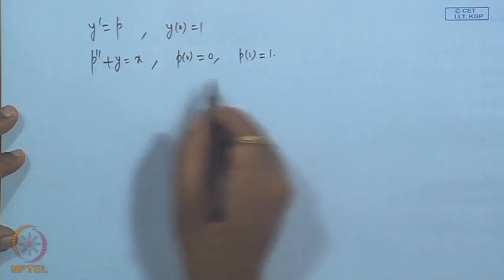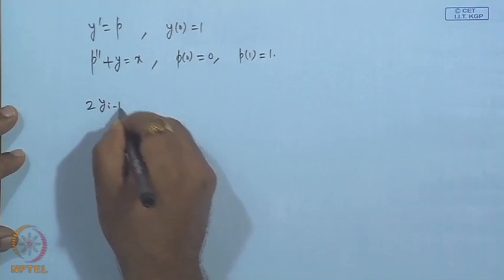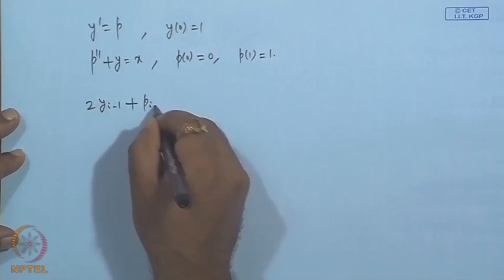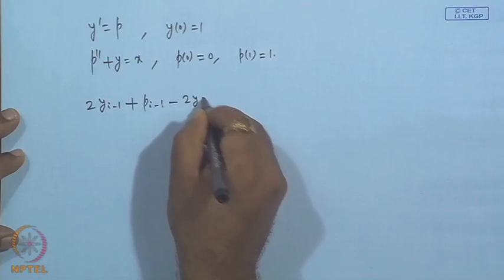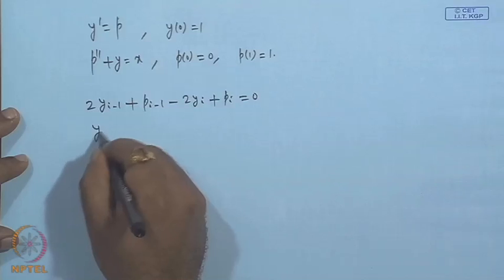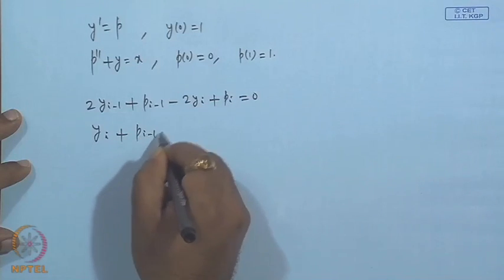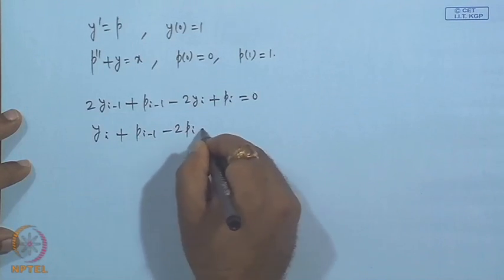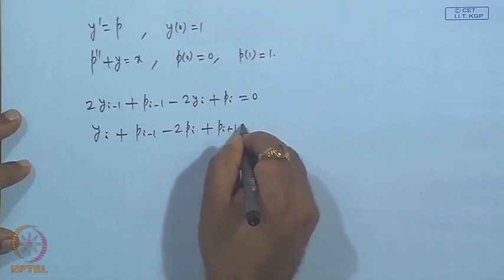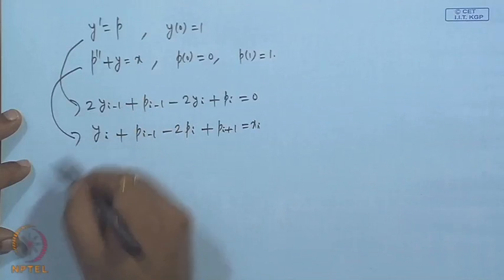So, with the discretization of this we get, so that means discretization of this.